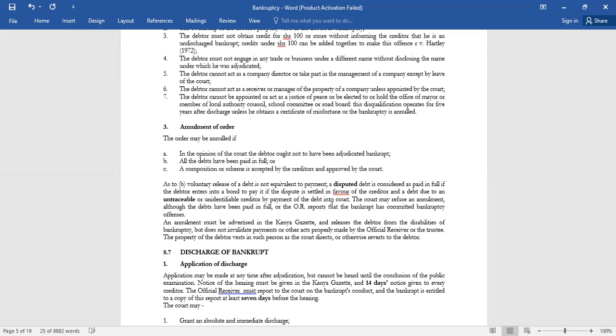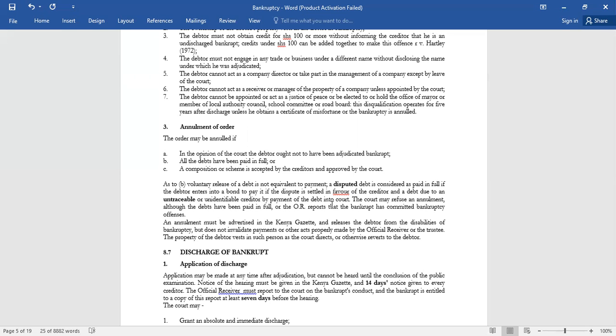There are situations where the court or the OR will do the examination and realize that this ought not to be listed in the receiving order. In such a case, the disputed amount will be considered to be paid in full.